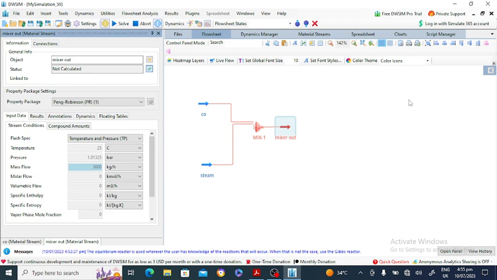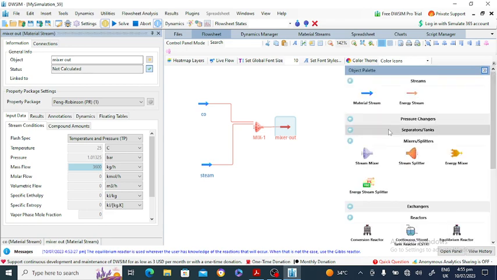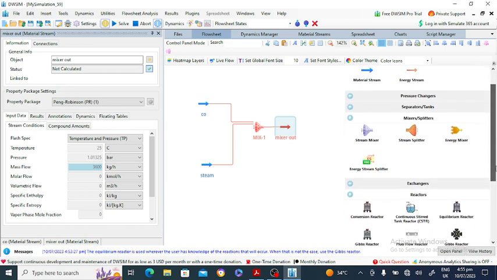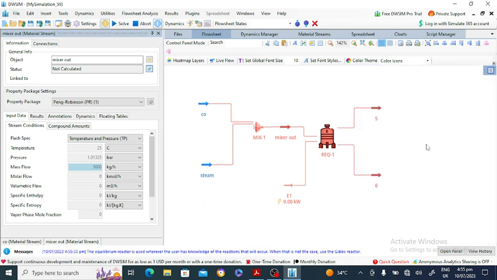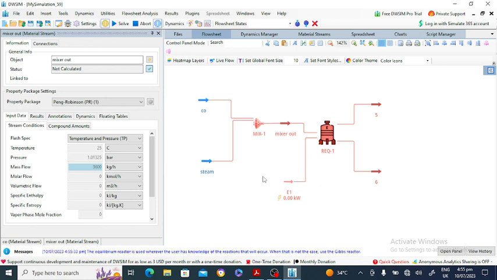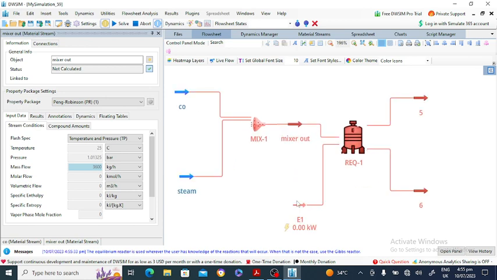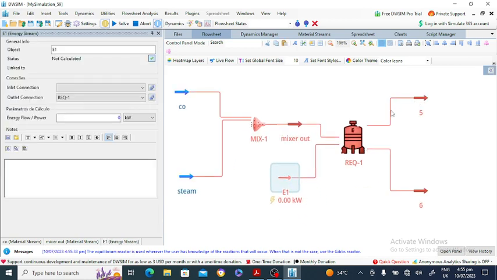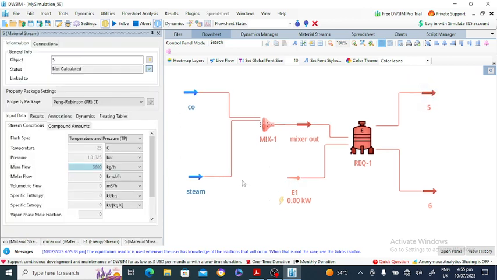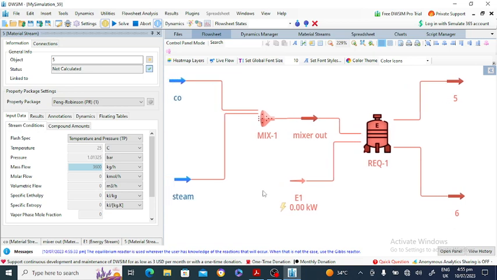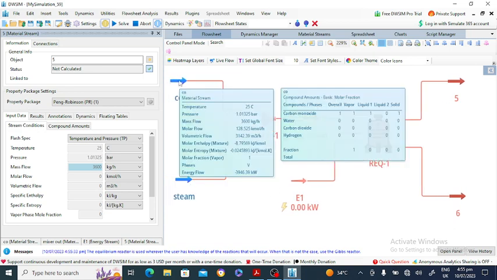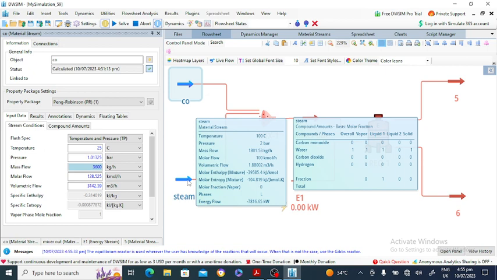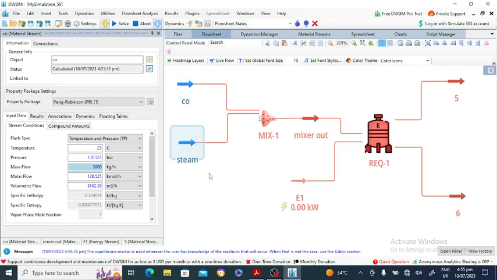Okay, now we will go to the reactor, the equilibrium reactor, and drag and drop the equilibrium reactor. This is the equilibrium reactor.